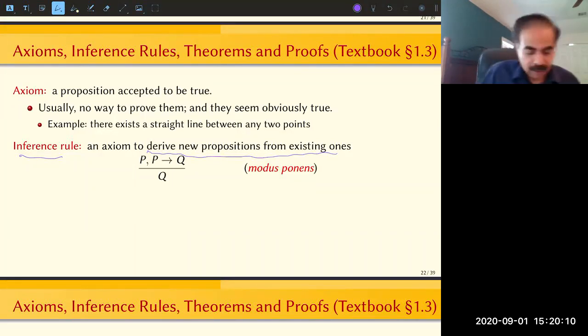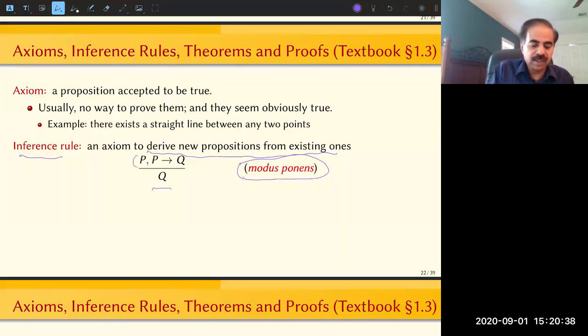So here is a very simple and intuitive inference rule that's called modus ponens. It basically says, if you know P to be true, and if you also know P implies Q, then from that you can conclude that Q is true, right? Because P implies Q says that whenever P is true, Q is true, right?